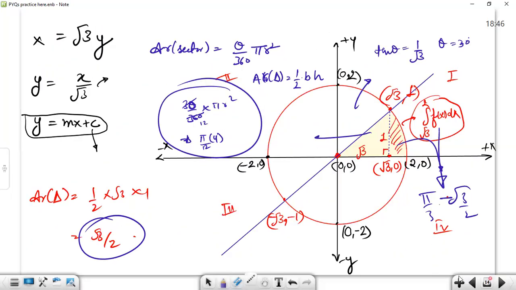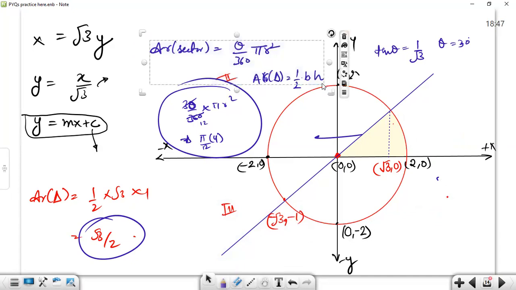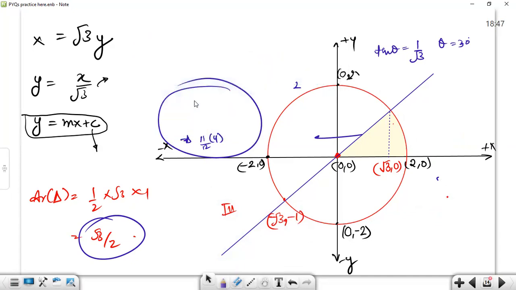So let's copy your diagram from the earlier work that we have done. Okay, let's draw a new one.